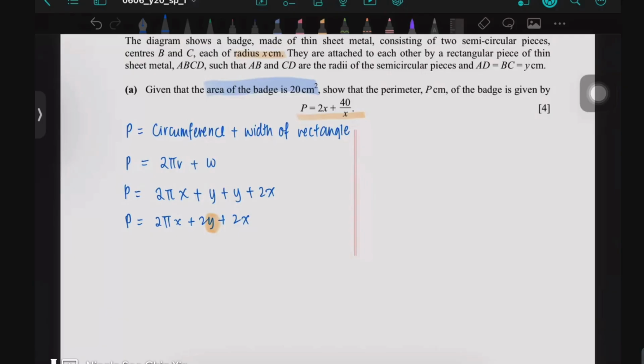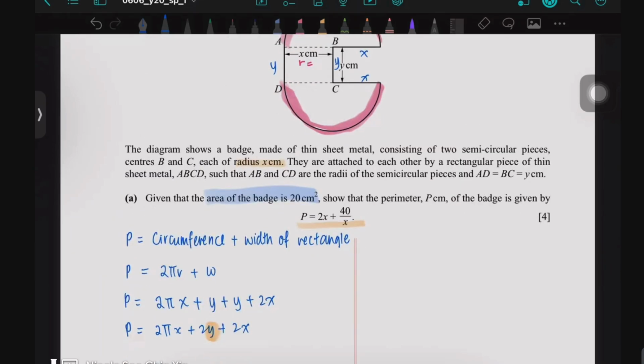So I need to find the area of the circle plus the area of the rectangle, which equals 20. The area of the circle is pi r squared, but my r squared will be x squared. The area of my rectangle is x times y. So pi x squared plus xy equals 20. Why do I need this information?